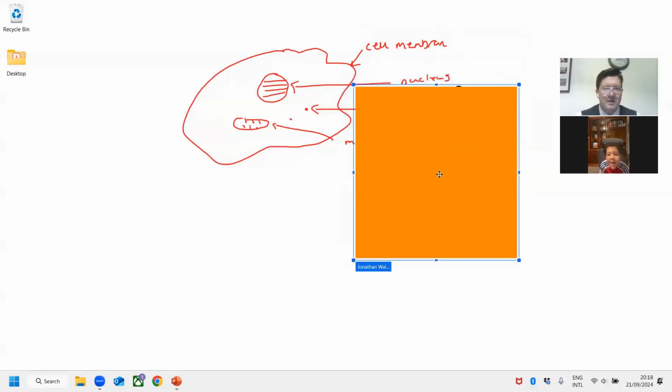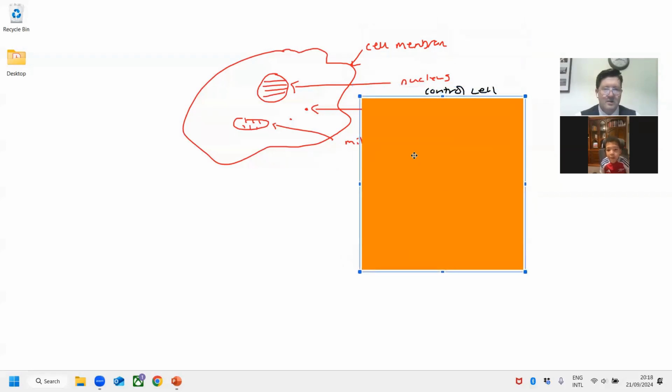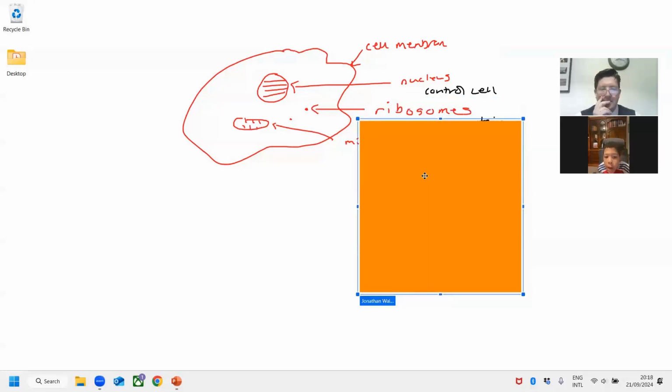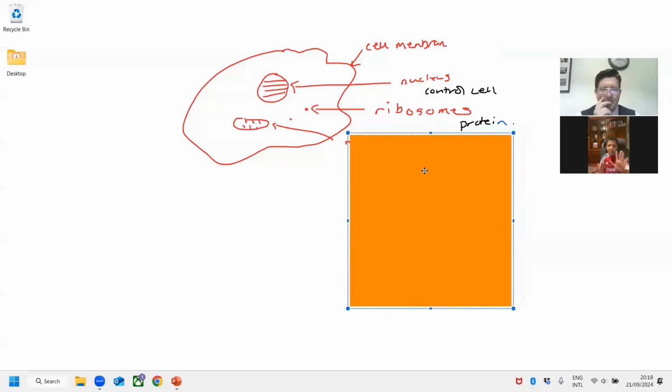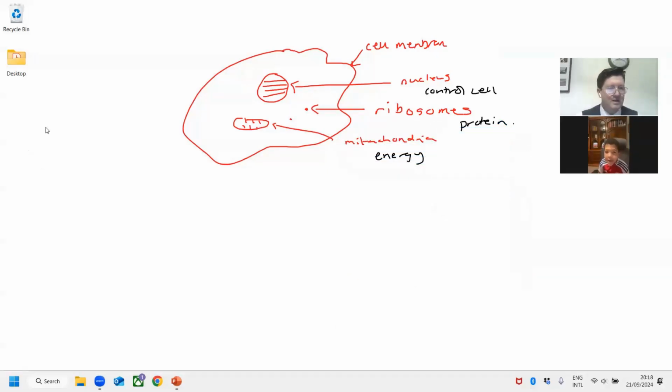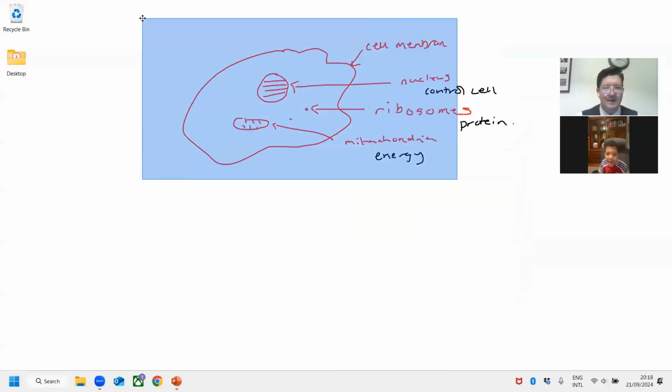What does nucleus do? It controls it. Yeah, it tells it what to do. Very good. What's next? Ribosomes. Excellent. And what's next? Mitochondria makes energy. Superb. Mitochondria is energy and protein is ribosome. So really good. So that's sort of what we looked at last time.